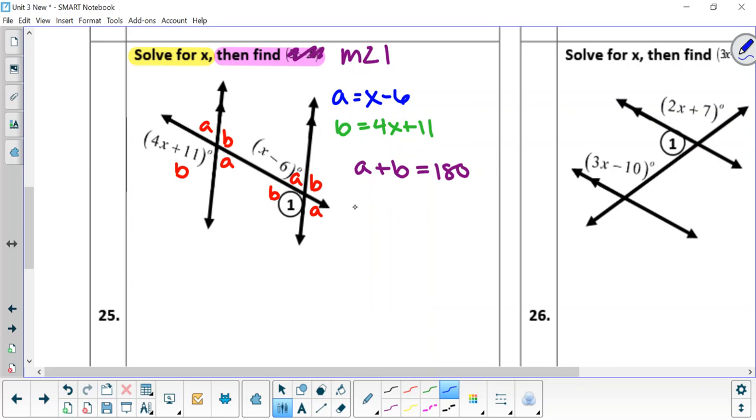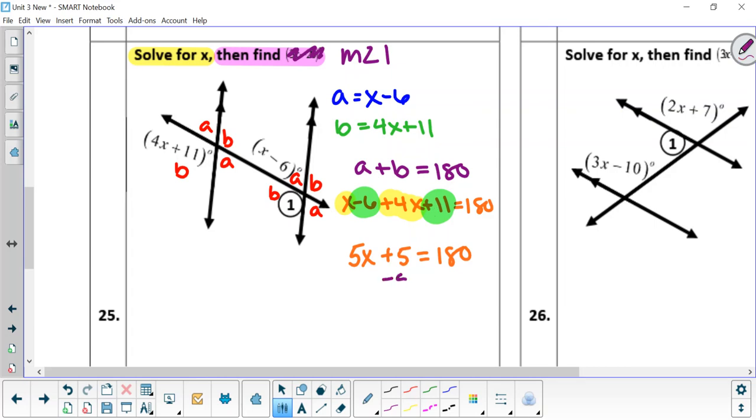So I'm going to say x minus 6 plus 4x plus 11 equals 180. If we combine our like terms, we have 1x plus 4x's, which gives us 5x's. And then we have negative 6 plus 11, and that leaves us with a positive 5 equals 180.